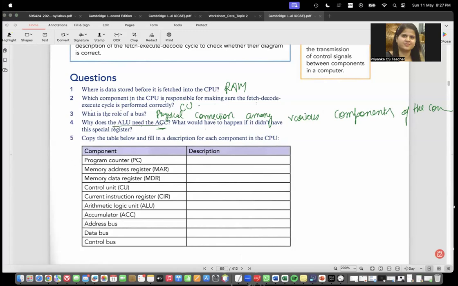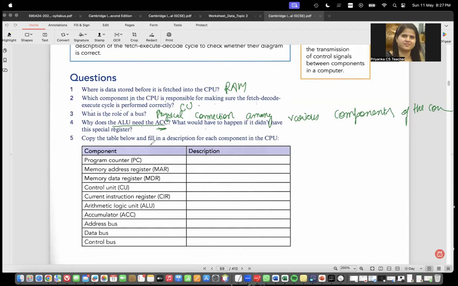So all the intermediate results of all kinds of calculations can be stored in the accumulator. If it is not there, the CPU has to send these results to main memory, and it will slow down the system.